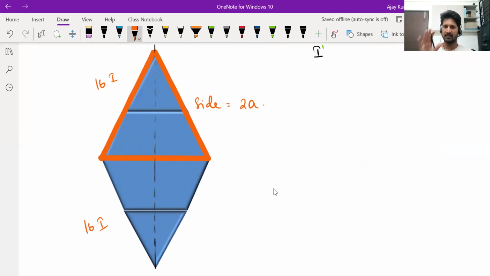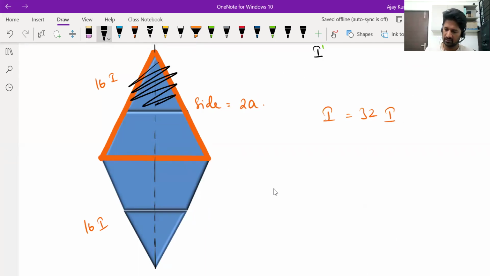So for this diagram, the total moment of inertia is 32I. Okay, but this is not the system whose moment of inertia you were asked. You have to remove those 2 triangles, the upper one and the lower one. If you are removing them, you are removing I and I. That's all. The answer is 30I for that hexagon.